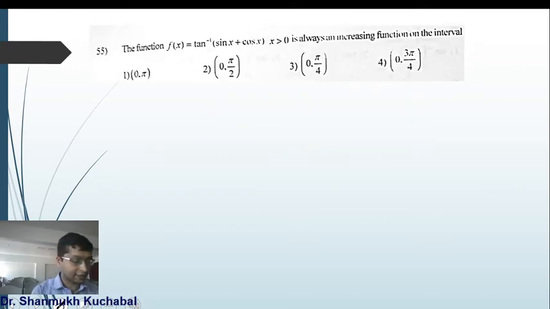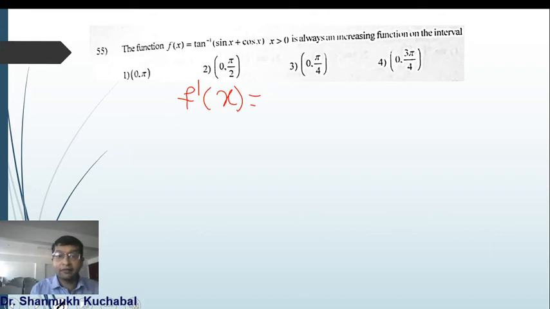Yes, so next example we'll do. The function f of x equal to tan inverse of sin x plus cos x, then x greater than 0 is always an increasing function on which interval? That interval we need to calculate. So f of x is this. We find the differentiation of that, we get f dash of x.